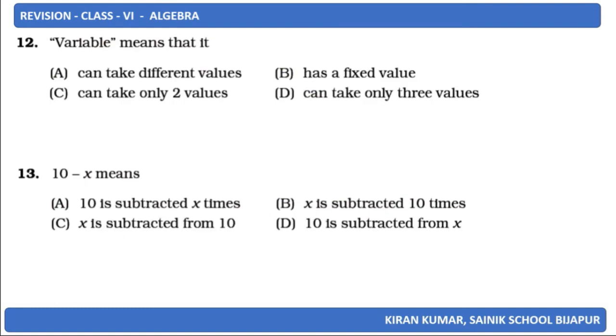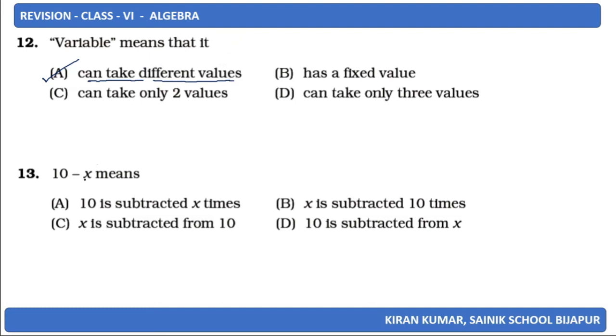Question 12. Variable means that it can take different values, it has a fixed value, it can take only 2 values, or it can take only 3 values. A variable will be taking different values.